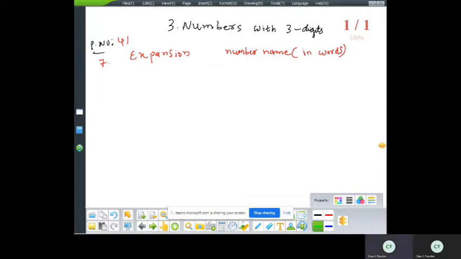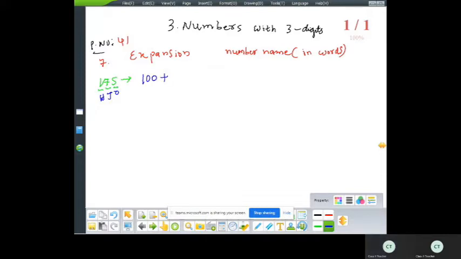First number is 175. The expanded form: 1, 10, 100. 1 into 100, 100.